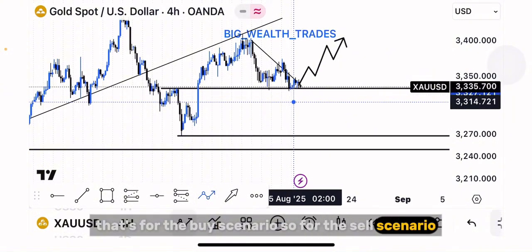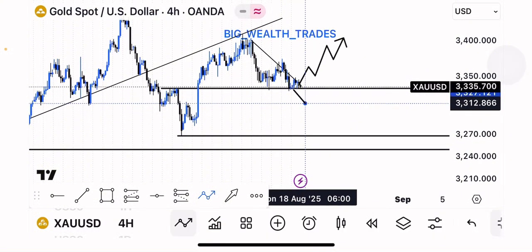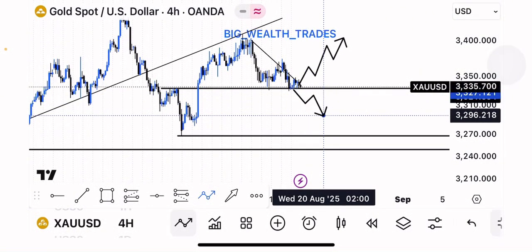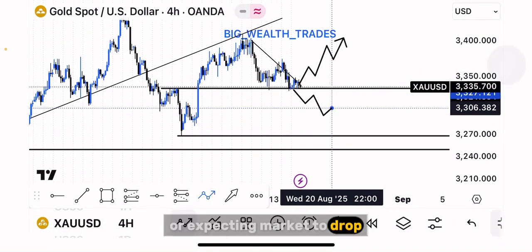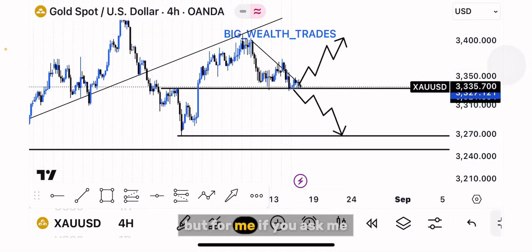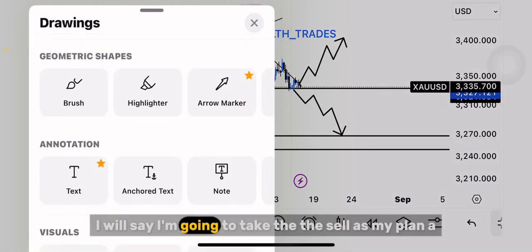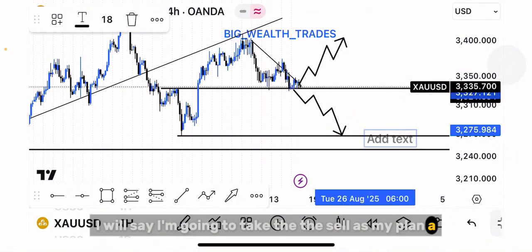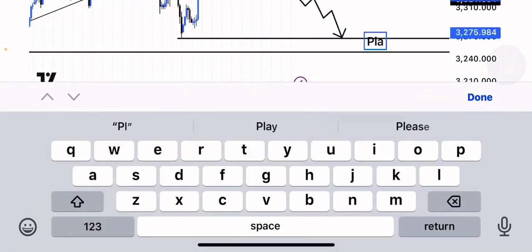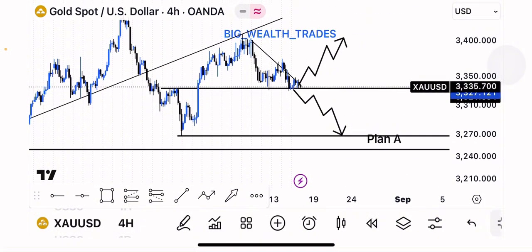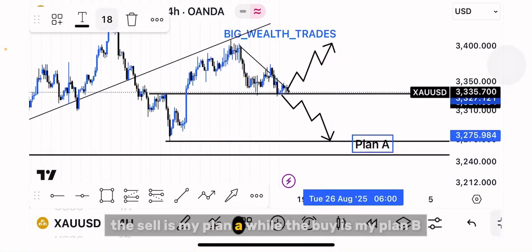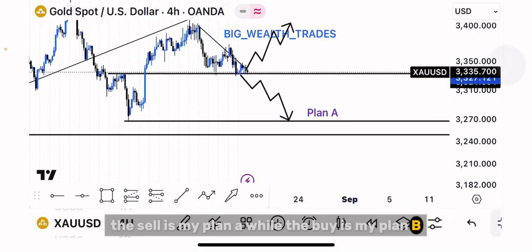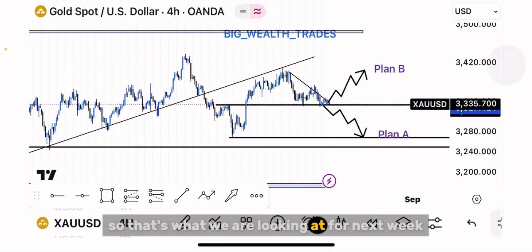So for the sell scenario, I'm expecting the market to drop. But for me, if you ask me, I will say I'm going to take the sell as my plan A, while the buy is my plan B. So that's what we're looking at for next week.